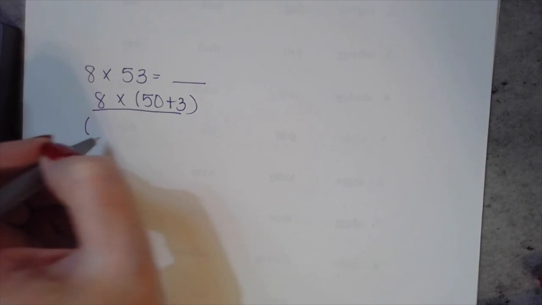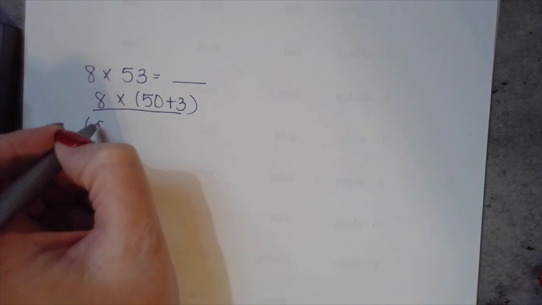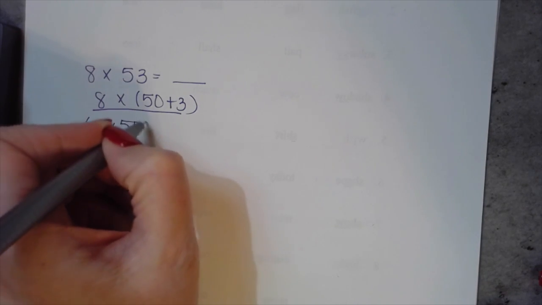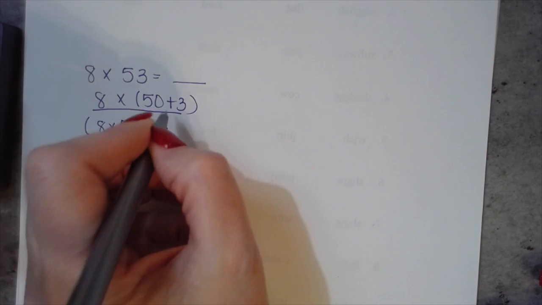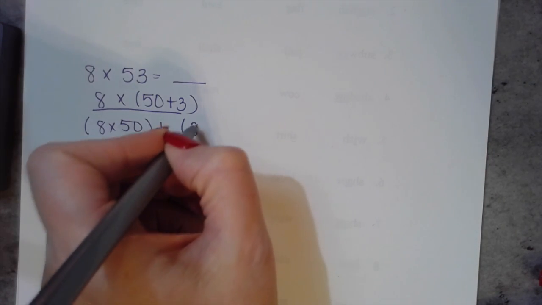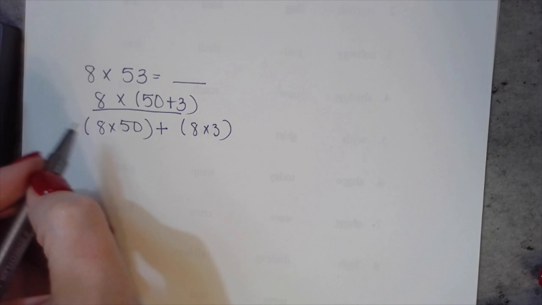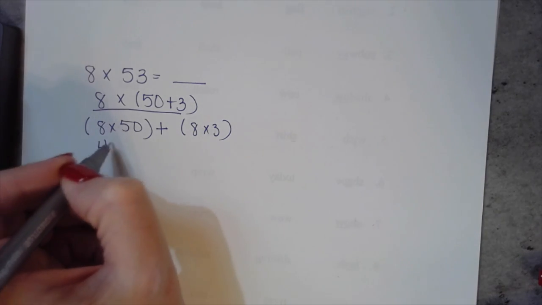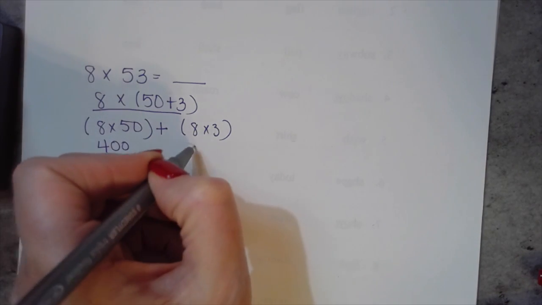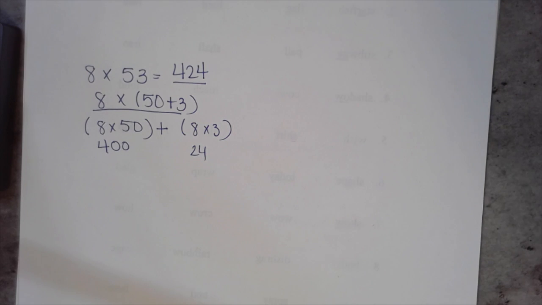We're going to put them in parentheses, don't forget. 8 times 50 plus 8 times 3. Okay, 8 times 50 is 400. 8 times 3 is 24. So 424 is our product.